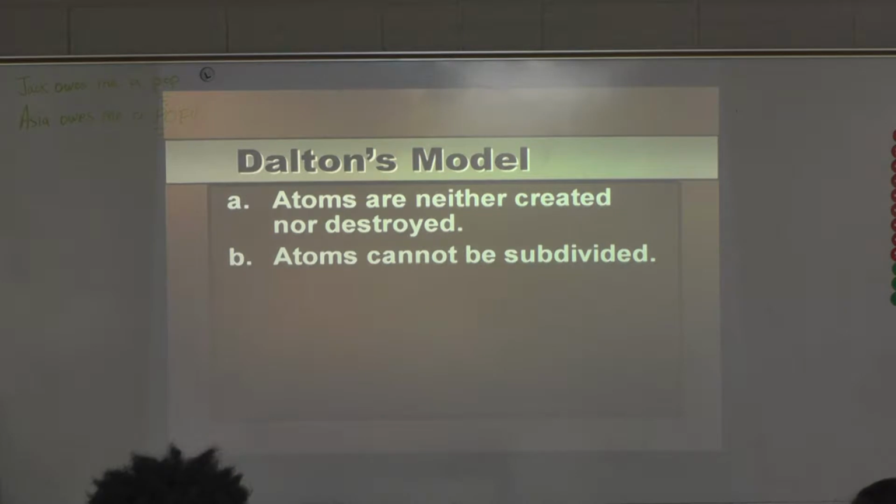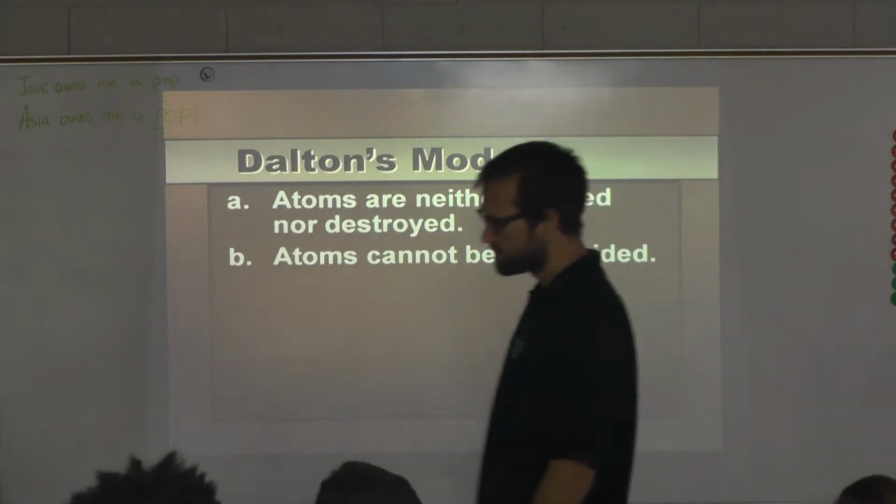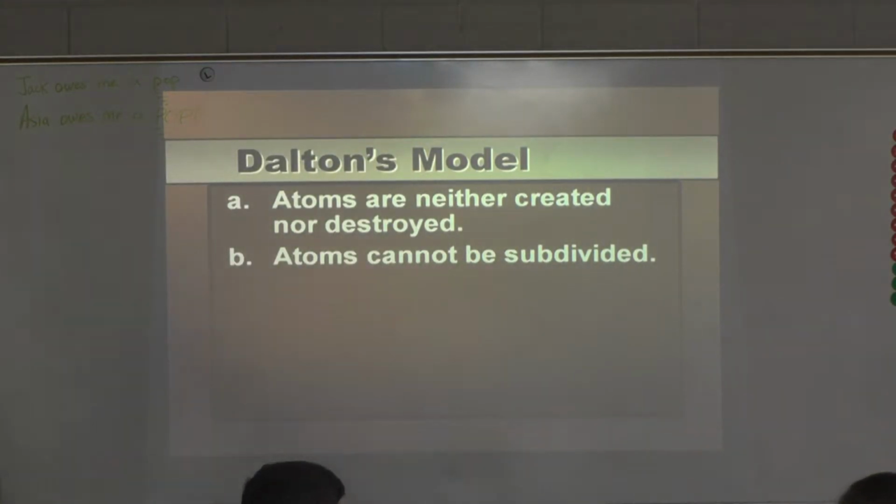Atoms can't be subdivided. If you look at his core envelope model, it looks like one solid sphere still, doesn't it? So his model just looks like a solid sphere with a heat envelope bubble.